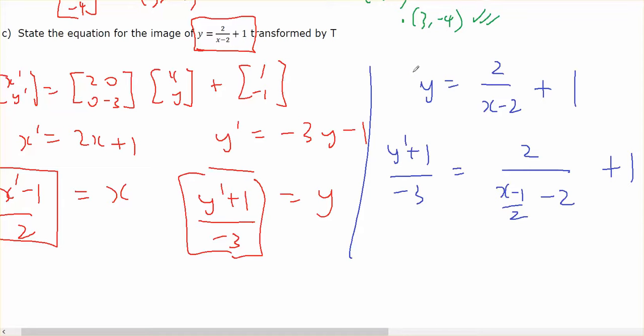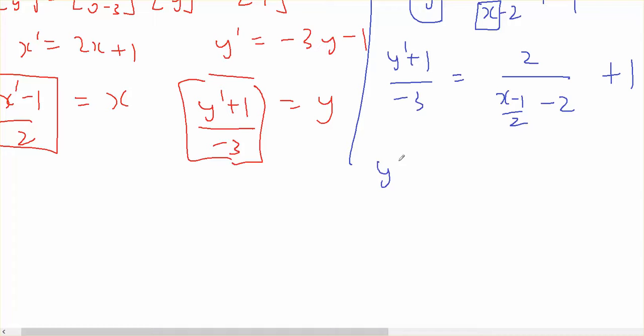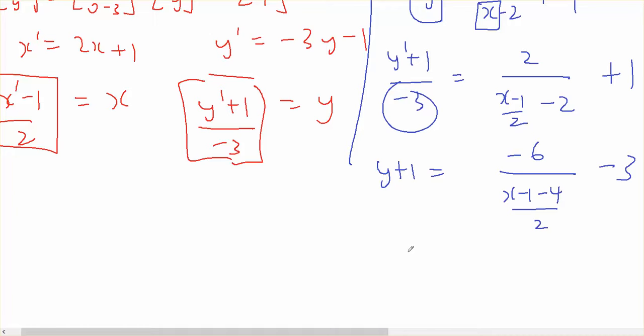So I've replaced y with what y is, and I replaced x with what x is. When I clean that up, I've got y' + 1 equals the -3 will multiply to give -6 over -3, because that -3 multiplies the 2, it also multiplies the 1. And here I'll have (x' - 1 - 4) all over 2.